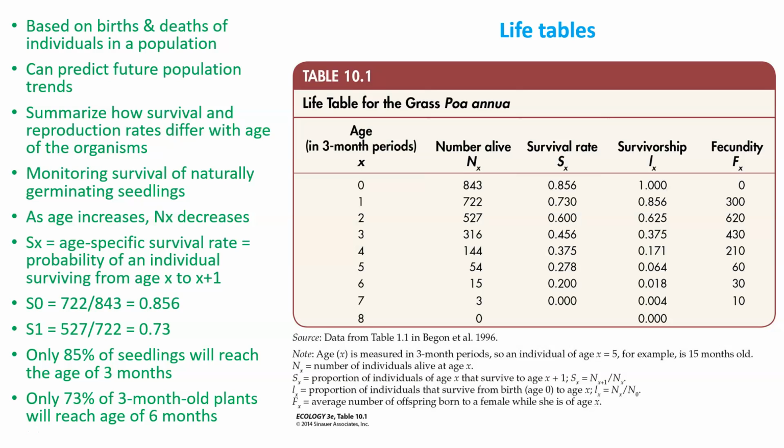And again, you can go for the below. It says 0.6. That means only 60% of the grasses will reach the next age class, which is the 9-month-old grasses. So on and so forth, you can keep interpreting the survival rate.